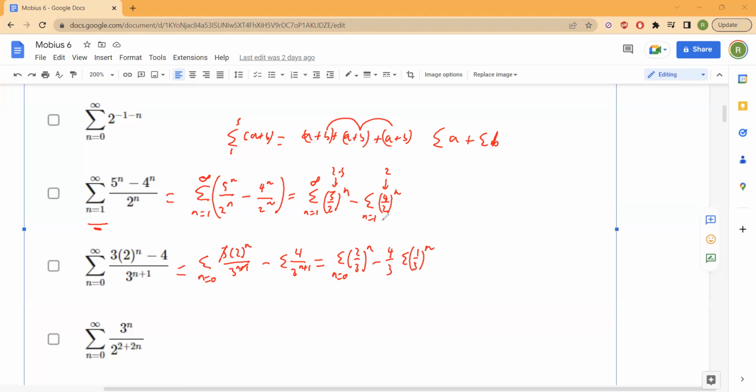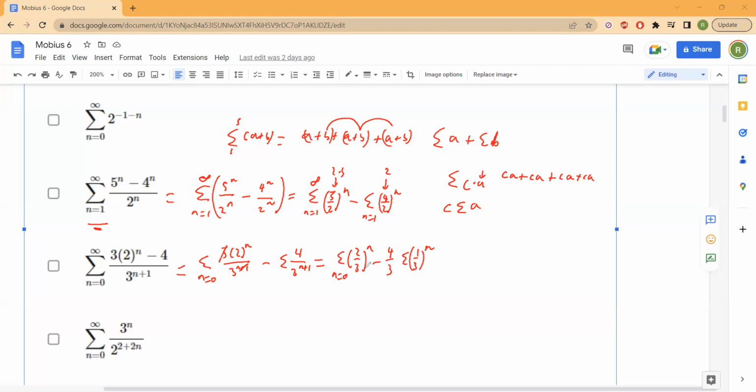The reason I can factor this out is, again, if we have a sum of a constant times a, we're only really adding the a, so it would be ca plus ca plus ca plus ca. And so I know I can just factor out the c, so it would be c times the sigma of a. If you keep adding a term multiplied by a constant, then I can just factor out that constant. So that's what I'm doing over here.